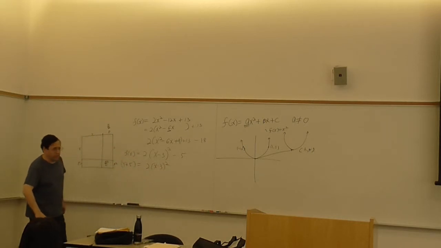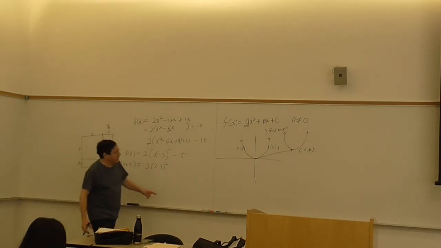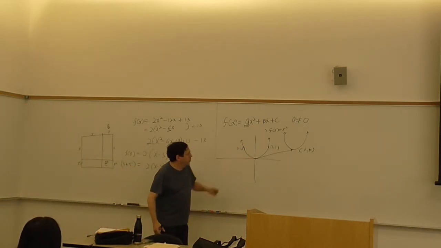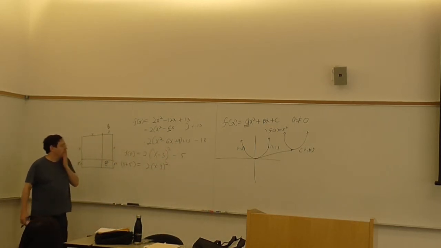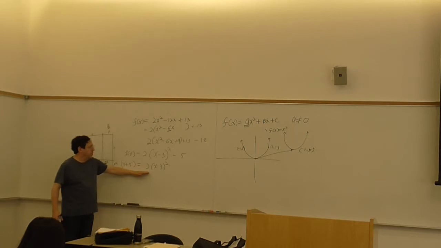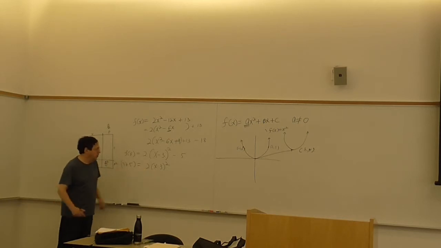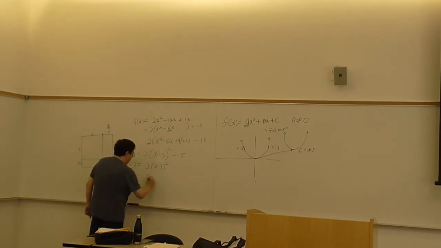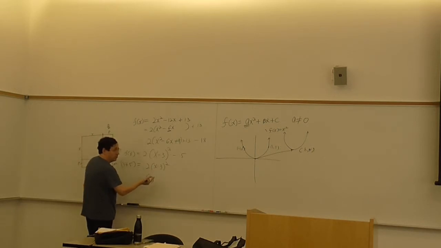Okay, what was the purpose of this? The purpose was to find out where the vertex moved when I added the bx and the c. Well, in this form, you can just read it off as a transformation, right? The same way we do with a circle. My x is just going to be 3. I'm saying x minus 3, so if I plug in 3, I get 0.